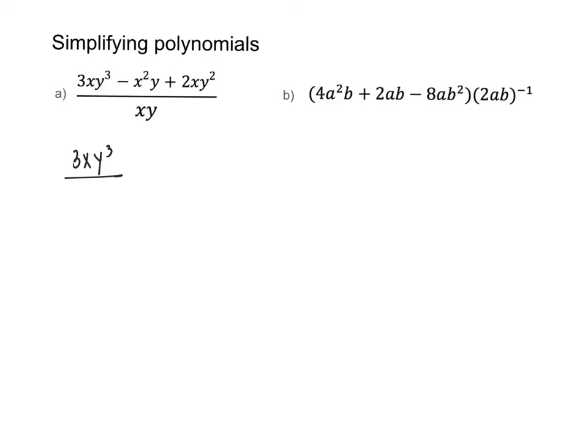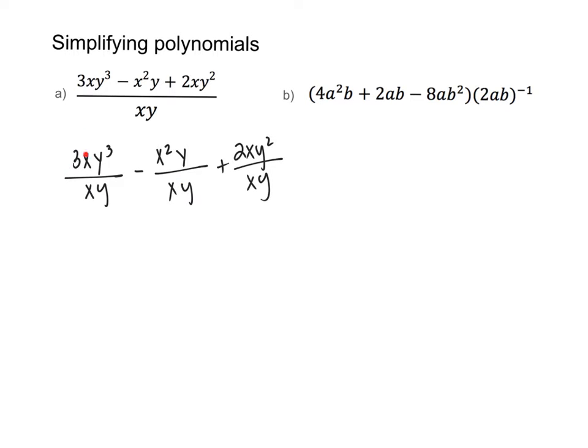So what I mean is this 3xy to the third gets an xy, and then the next one, x squared over x squared y, gets its own xy. And the last one here gets its own xy. So every one of these terms gets a denominator, so you're splitting it up this way. That way you have an easier time simplifying. So you only have to simplify it one at a time.